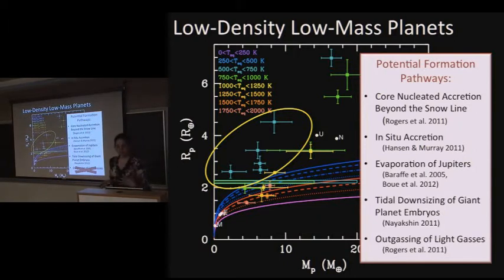So, to rule out the scenario, I effectively just consider the most optimum case for outgassing a light envelope to see what is the maximum radius for an outgassed rocky planet that we could assume.